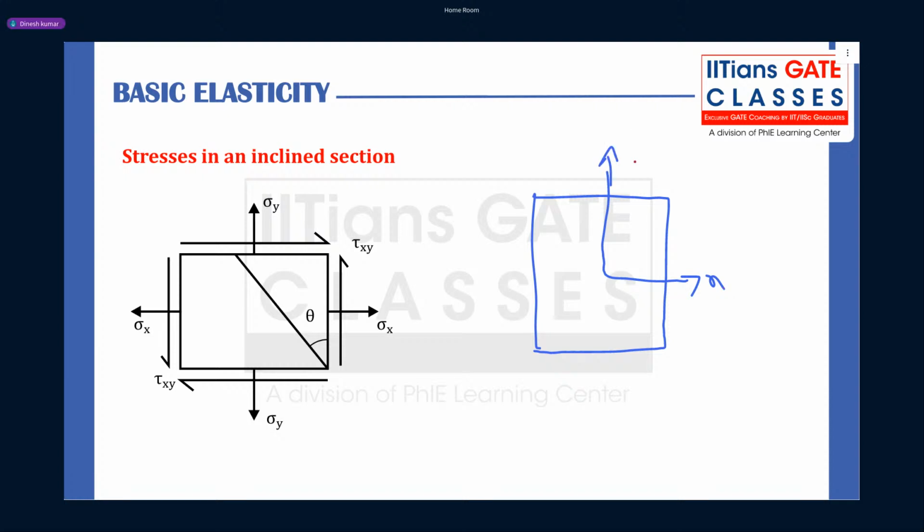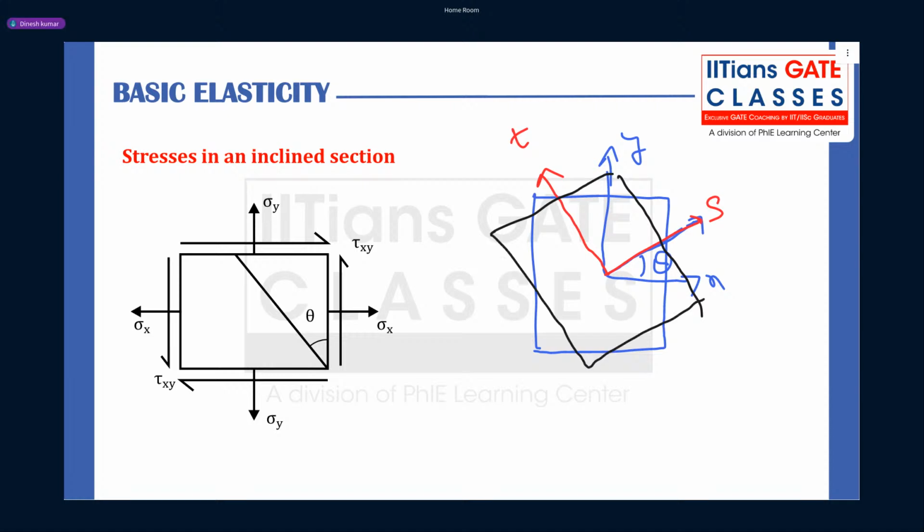Now you can rotate this stress element by some angle theta. This is theta, and let me use a different color here. S direction, T direction. So now how will you see your stress element? It will look something like this.